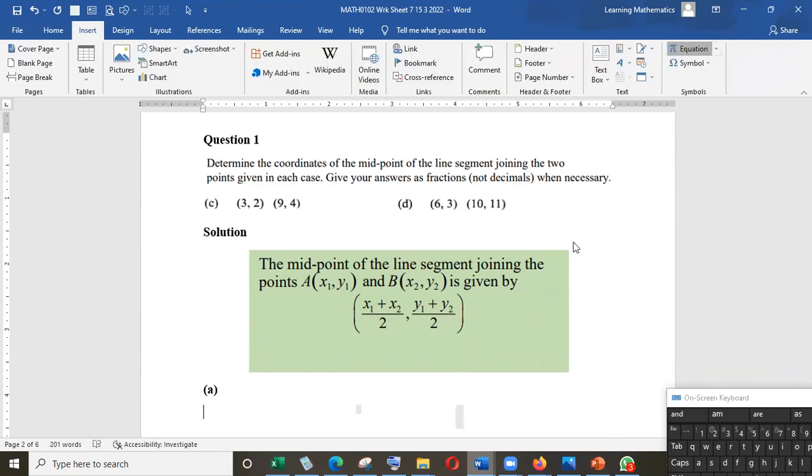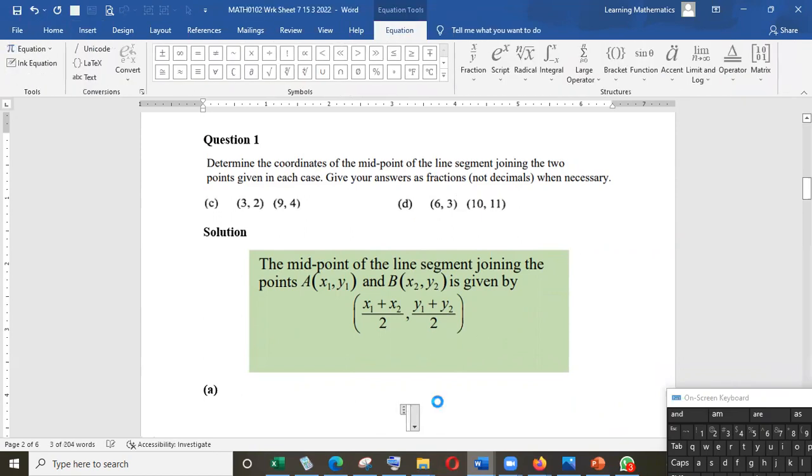So according to the formula, we must find what is x1 and y1. We must find what is x1 and y1, and we must find what is x2 and y2.